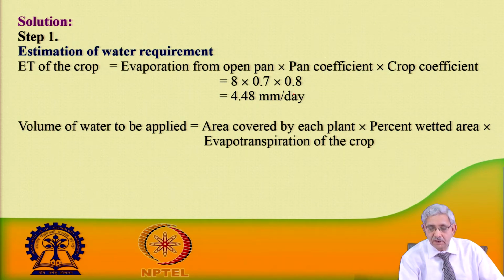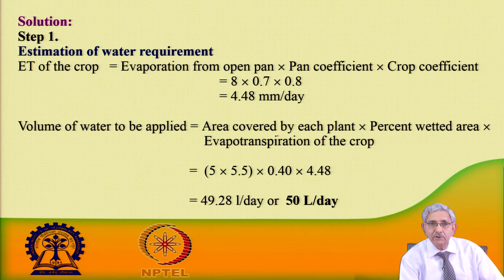So, we multiply the area with the percent wetted area. The area covered by each plant is 5 meter into 5.5 meter, and the percentage wetted area is 40% or 0.4, and the evapotranspiration requirement which we have calculated is 4.48 millimeter per day.